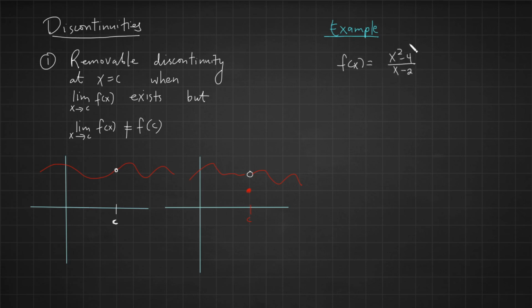It will be when x is equal to 2, since yung denominator natin ay magiging 0. Okay. Now, to show na removable yung discontinuity natin, we need to show that this holds. So, ano nga yung value ng function natin when x is equal to 2? Well, the function is not defined at x equals 2.